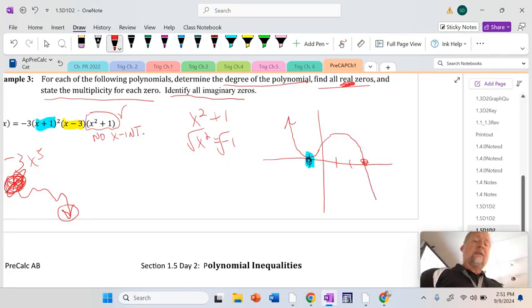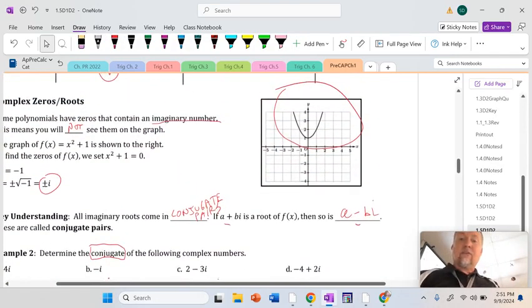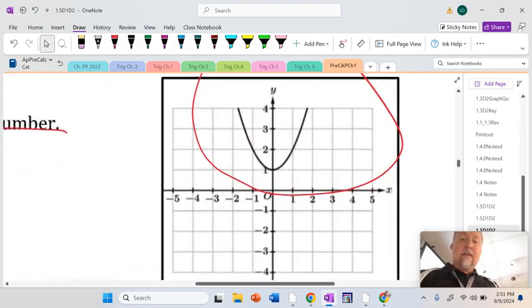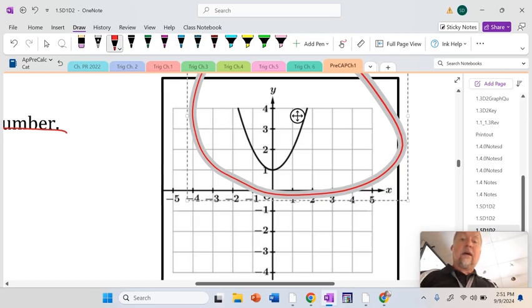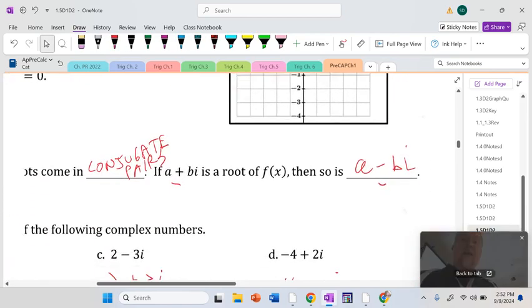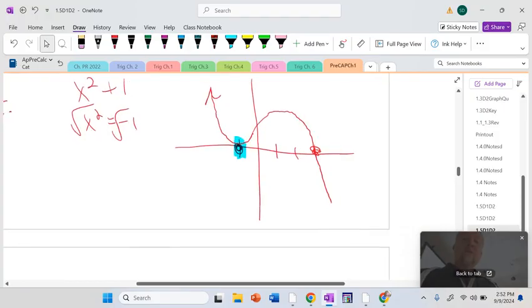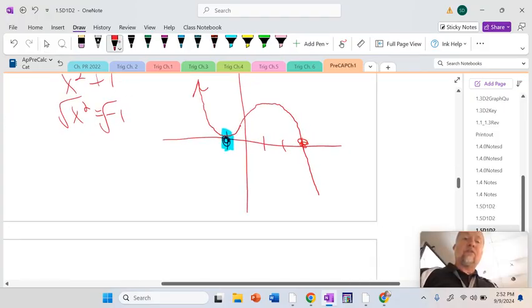And then what are you supposed to do with this? Well, you don't know this, but it's just like this parabola that doesn't cross the x-axis here. That you knew creates imaginary zeros. Hence, it doesn't have real x-intercepts. So what will happen is you'll have some other turn somewhere. It could be up here. It could be in here somewhere. Or it could be here where it kind of comes back, but then it doesn't cross.